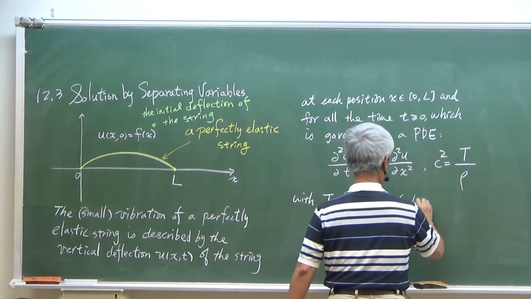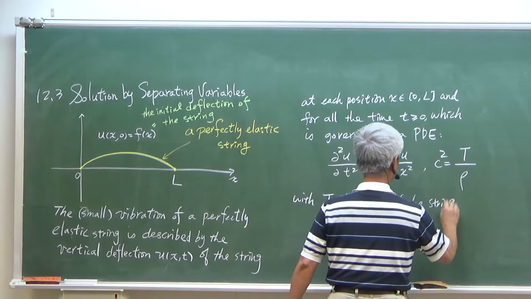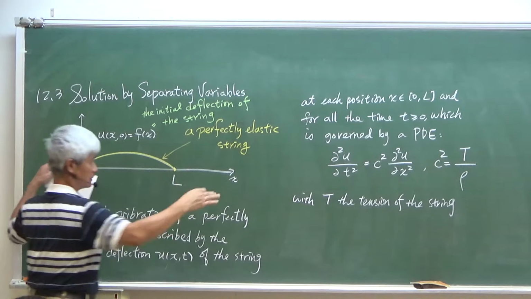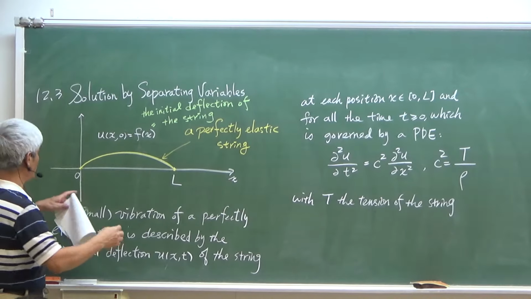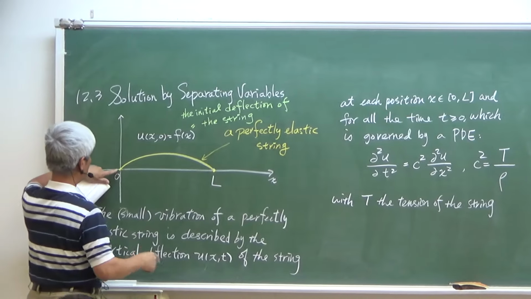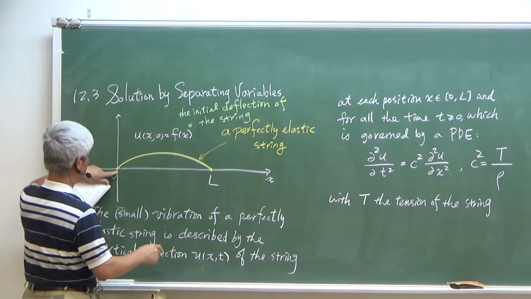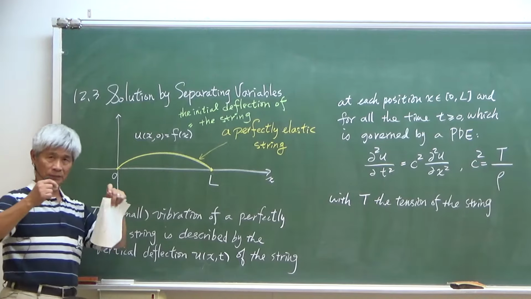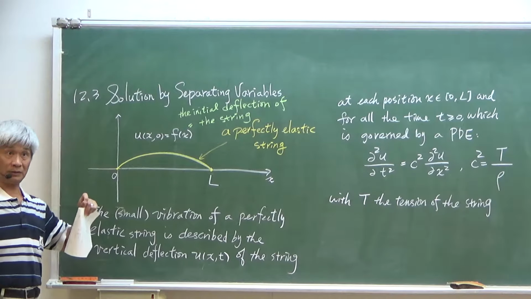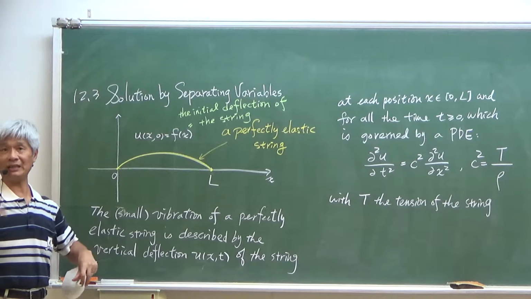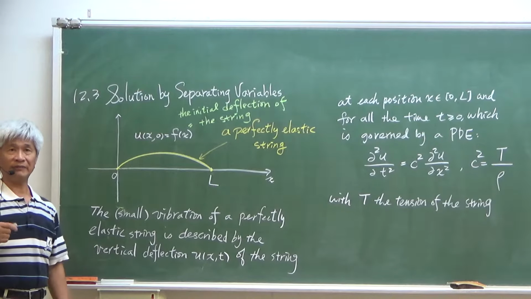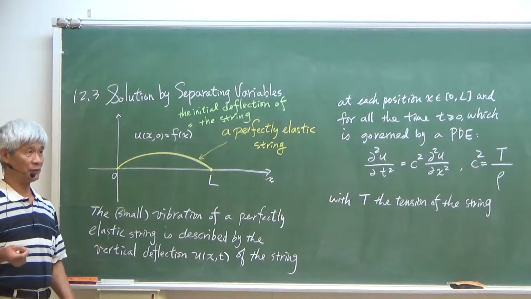of the string. As we know, you must have a tension. Before you fasten the string to the two endpoints 0 and L, you must apply tension to the string. If you play an instrument like a guitar, violin, or cello, you will have experience, right?